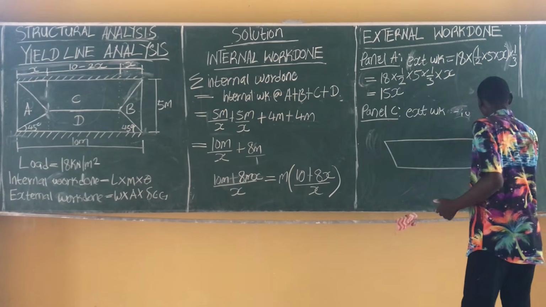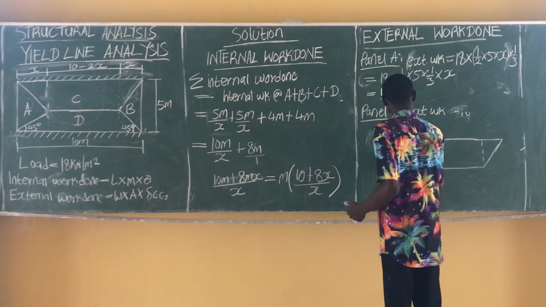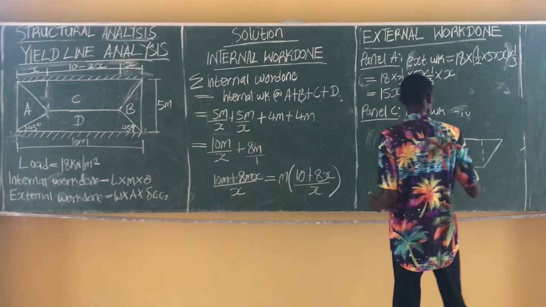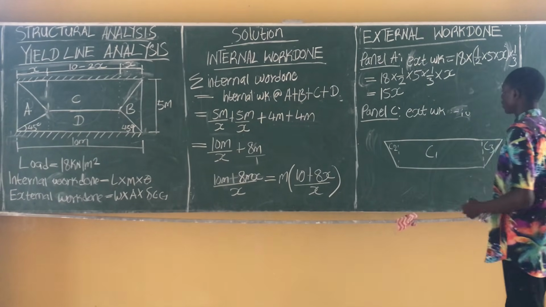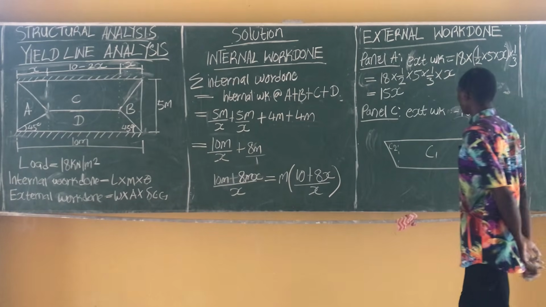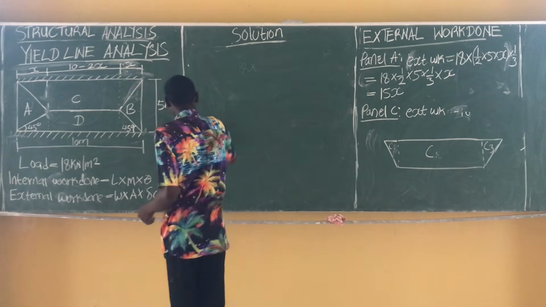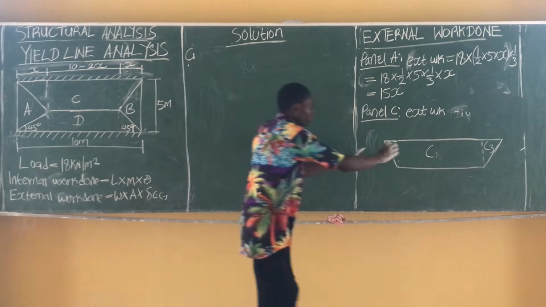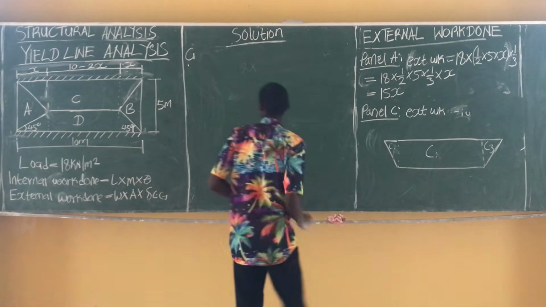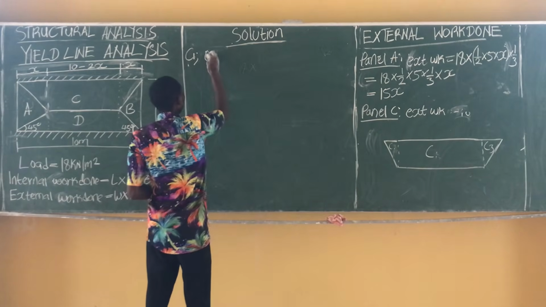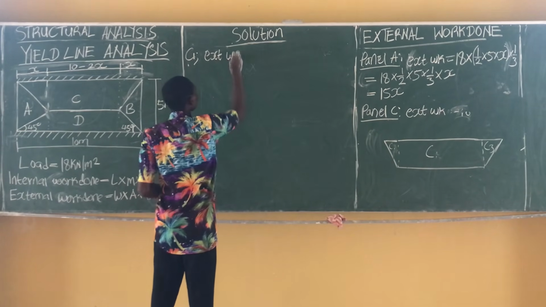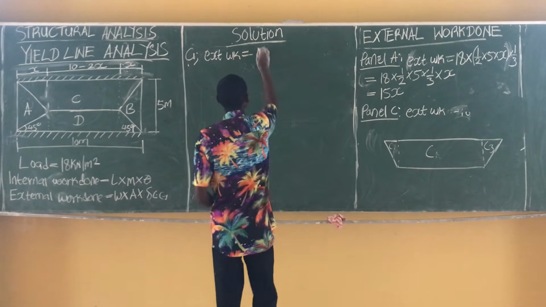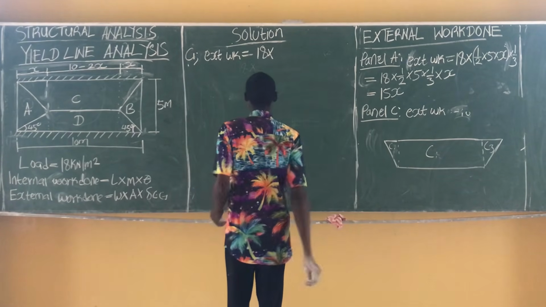Okay, dividing it into segments. We call this segment C1, call this segment C2, and call this segment C3. So let's start from segment C1. We are considering this rectangular segment. Our external work done is equal to our given load 18 times area.